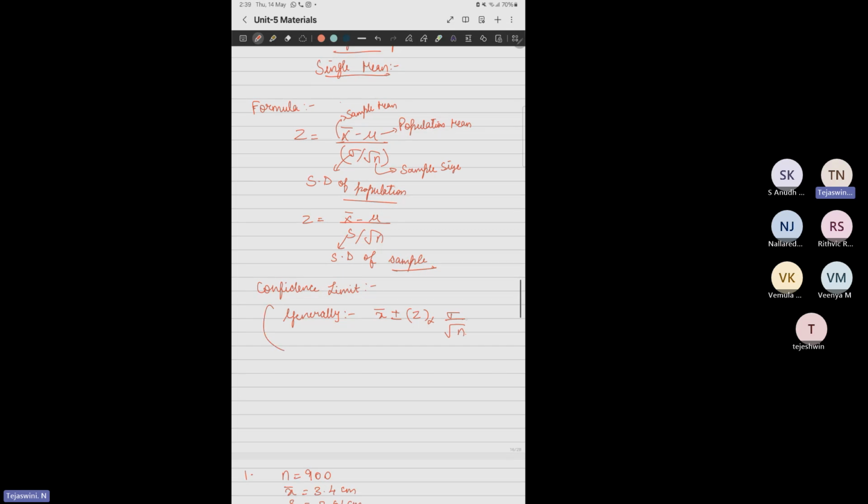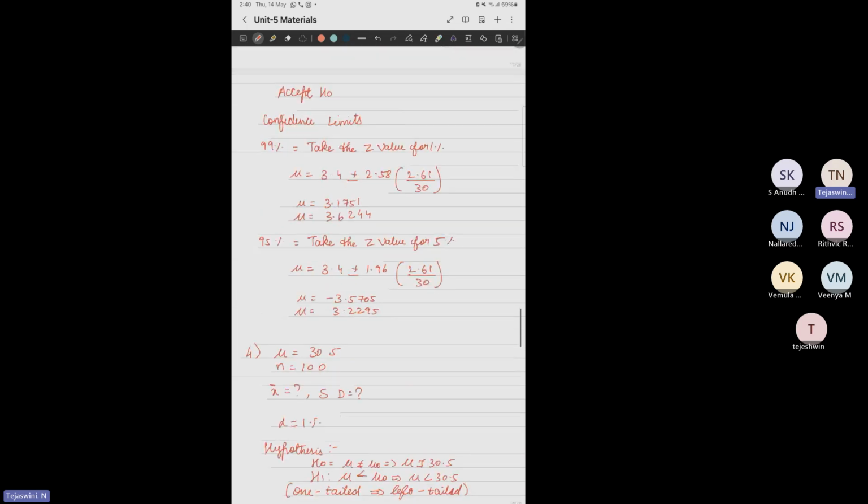Confidence limit, in the general case, will be x bar, which is the sample mean, plus or minus the value of z at the given confidence level, or the given level of significance, and this is the z value corresponding to the level of significance, multiplied by sigma, which is the standard deviation of population, by root n, which is the sample size.